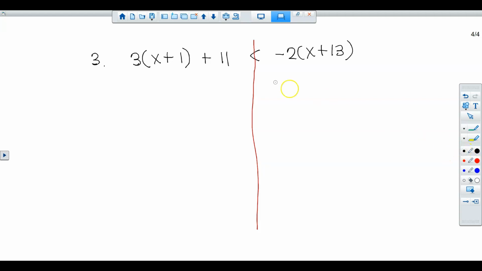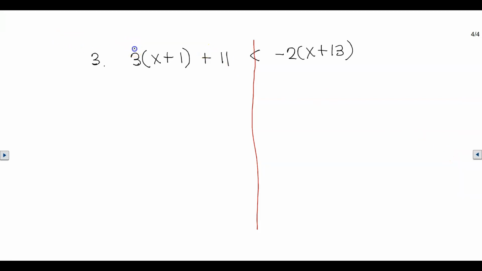All right, do we need to distribute? Yes. So we'll do 3 times x, which is 3x. 3 times positive 1 is positive 3, plus 11 is less than negative 2 times x, which is negative 2x, and negative 2 times positive 13, which is a negative 26.